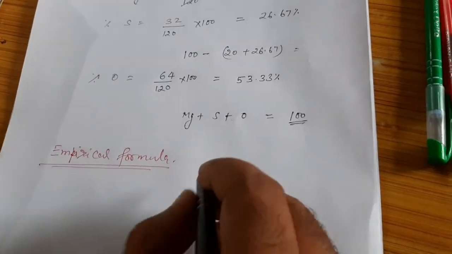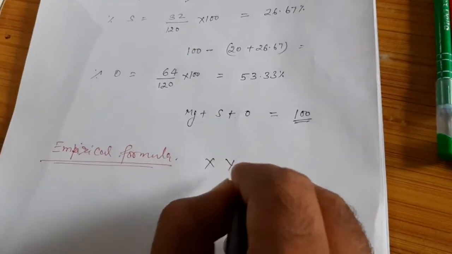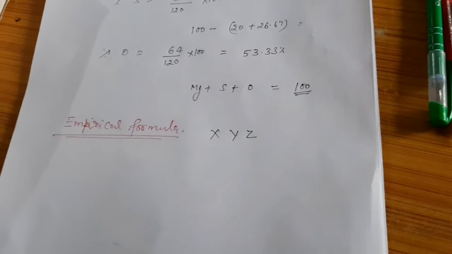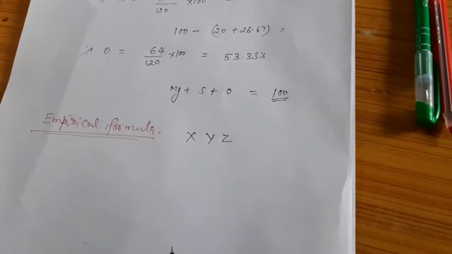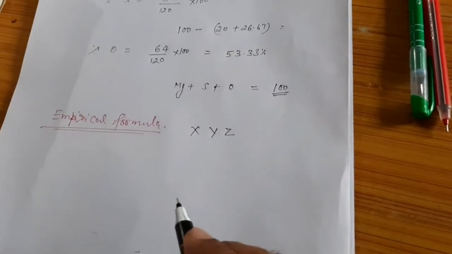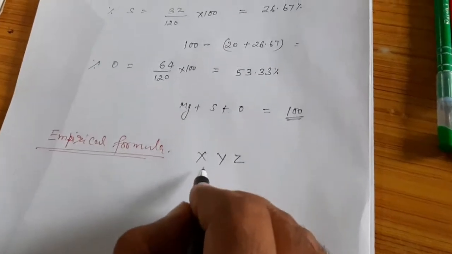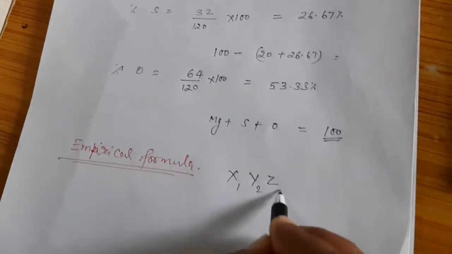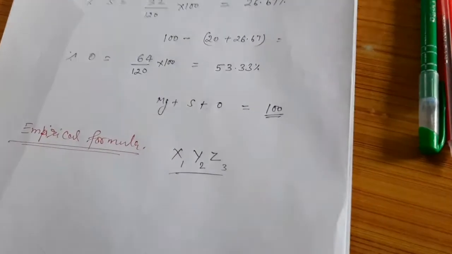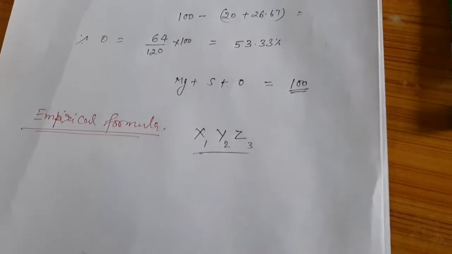It means like that X, Y, Z, these three elements are present in any compound, and its simplest whole ratio like 1, 2, 3, this may represent the empirical formula.